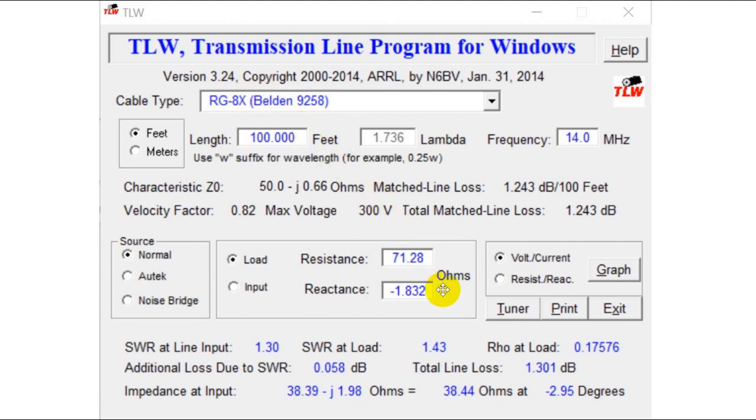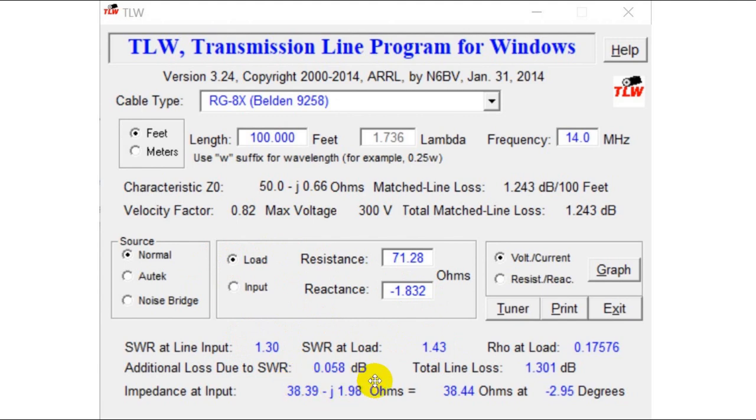Now, we put that 71.28 ohms and the minus 1.832 reactance ohms at the load right here, okay? So the SWR at the load, which we saw from the numbers on the last chart, is right here, and the SWR at the line input is 1.3.